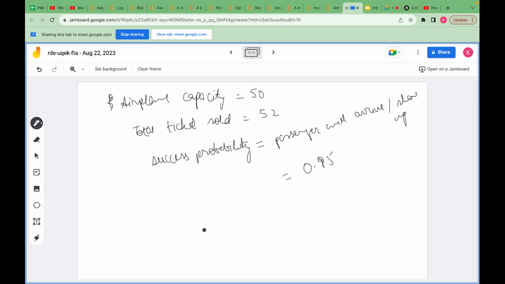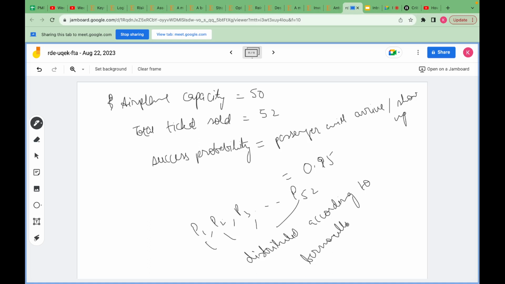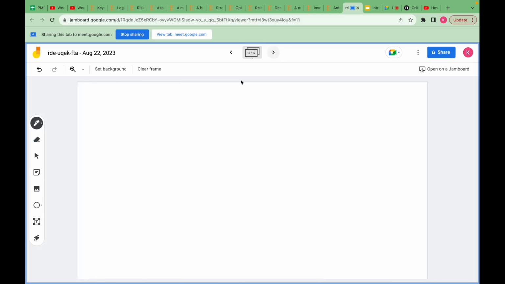Now let's suppose all these passengers P1, P2, P3, up to P52, there are a total of 52 passengers who bought the ticket, are distributed according to Bernoulli distribution with p equals 0.95. Now let x represent the number of passengers that arrive at the airport.